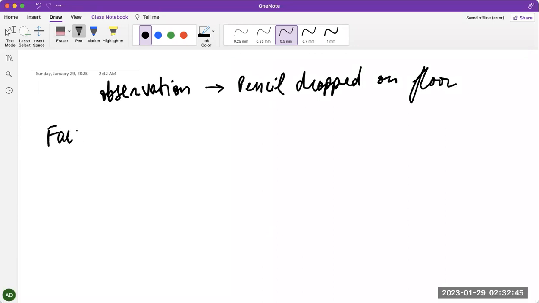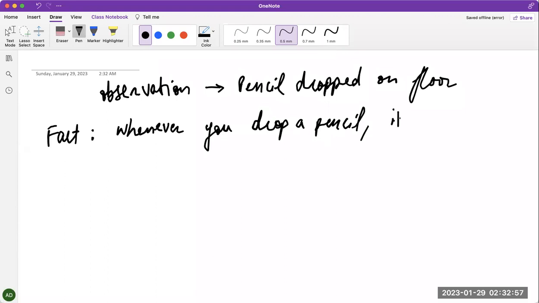You can take this as a fact: whenever you drop a pencil, it falls to the ground, right? Think of a fact as something which is such a common observation that we know as a matter of fact that this will always happen. So whenever you drop a pencil, it should fall to the ground, right?